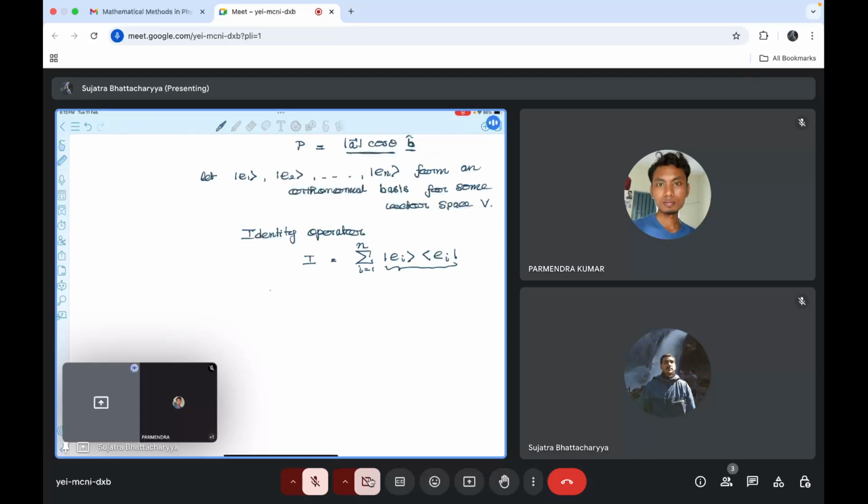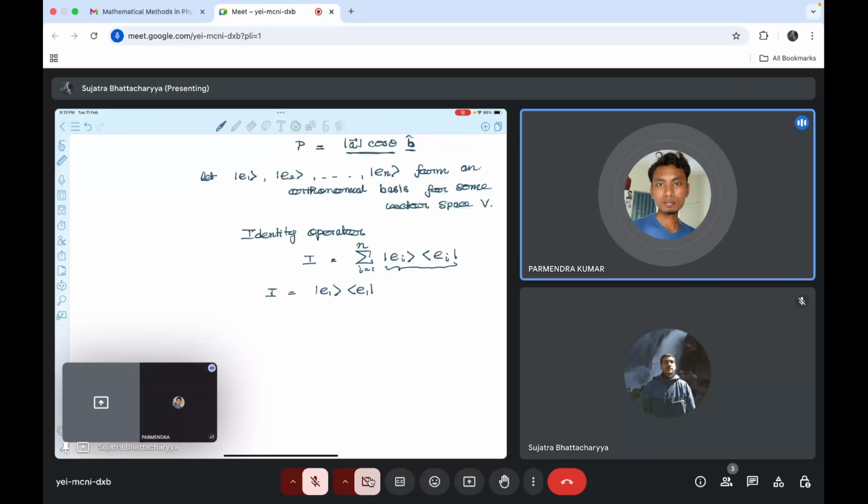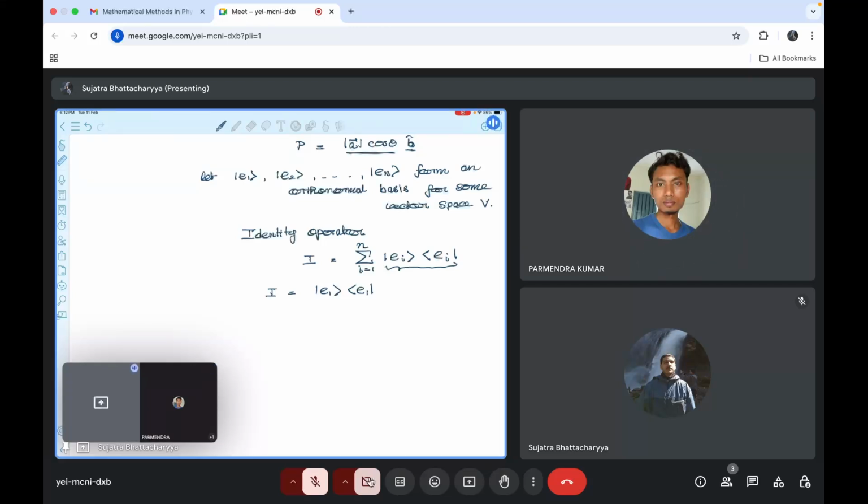So what is happening is that in this, I write this I as, see, i equal to 1. I am just putting it here, E1. But see, this is how the identity operator is defined, right?